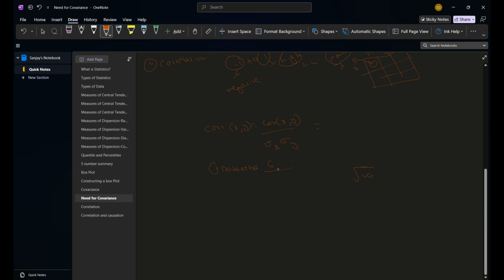So the square roots give us 6 by 6, and the correlation we are getting for data set a is 1. For data set b, what was the covariance? It is -6, and the denominator is the same, root of 6 times root of 6, so we get -1. This shows the strength of the linear relationship between the two variables.